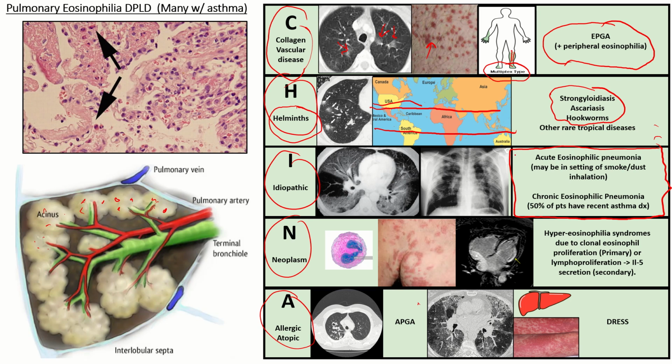Idiopathic causes, these are, I think, still categorized as diffuse parenchymal lung diseases, so acute eosinophilic pneumonia. These are a lot of times inflammatory Th2 responses, acute to things like smoke and dust inhalation, or chronic eosinophilic pneumonia. I had seen this once in a patient that had really just severe refractory pneumonia and severe refractory asthma, came to the hospital and just had these atypical lung infiltrates.